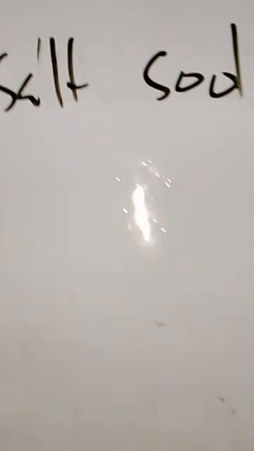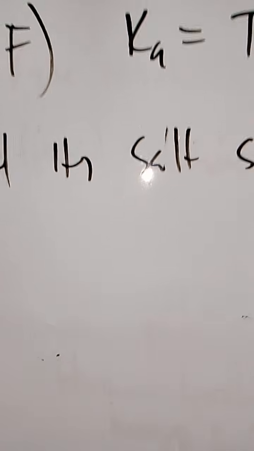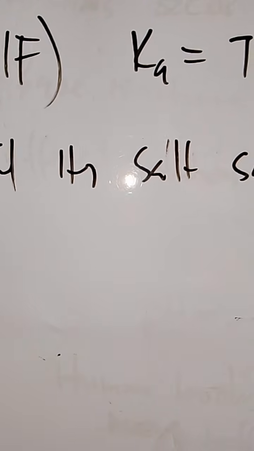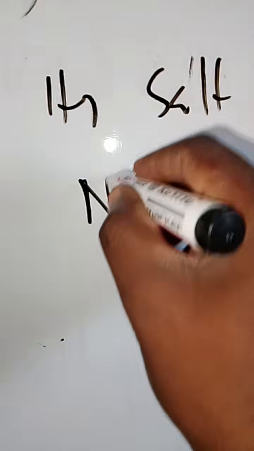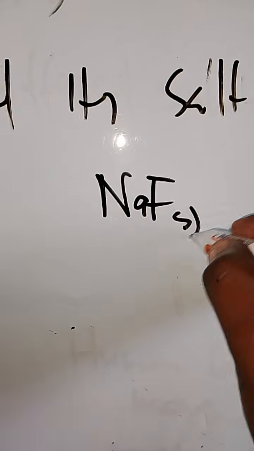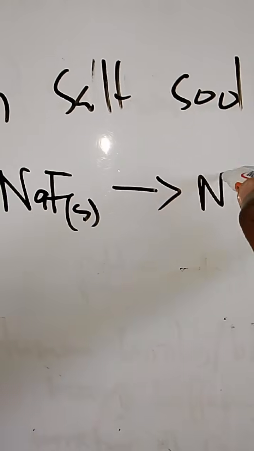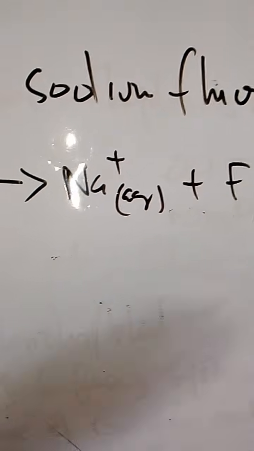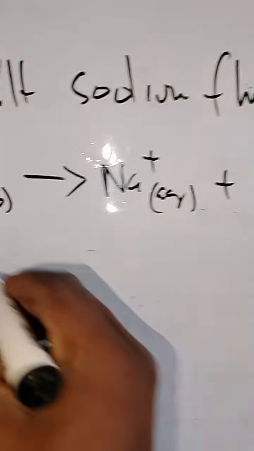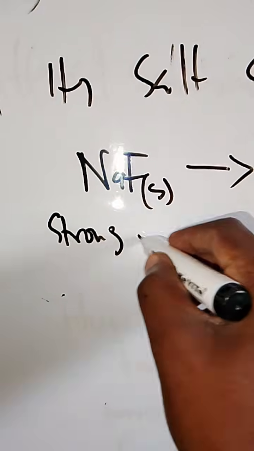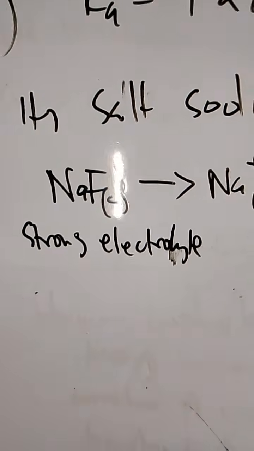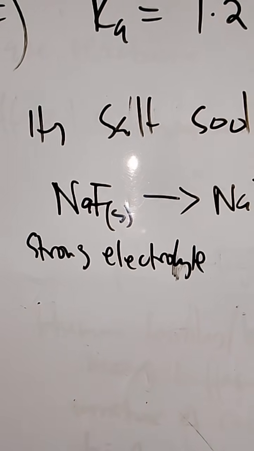When this salt dissolves in water, it breaks up completely into its ions. So sodium fluoride will form sodium ion plus fluoride ion. Okay, so this one is a strong electrolyte, it completely ionizes in solution.